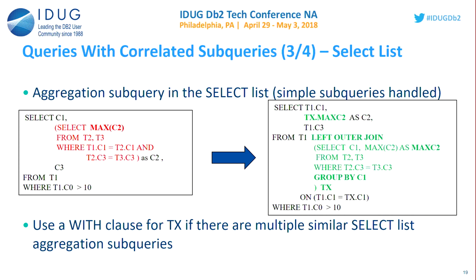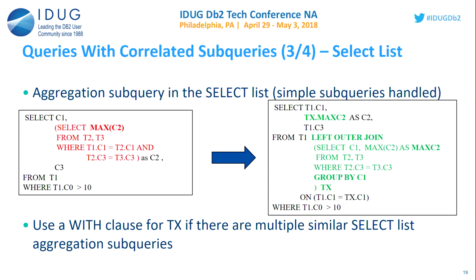How we decorrelate here is to make this a left outer join on the subquery, and put the correlated predicate on the outside of this left outer join. So we know that a left outer join, in this case on C1, it's unique, so it's not going to change the output. You're going to get one row out.